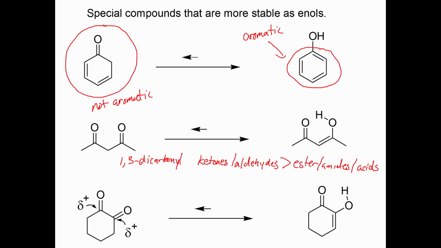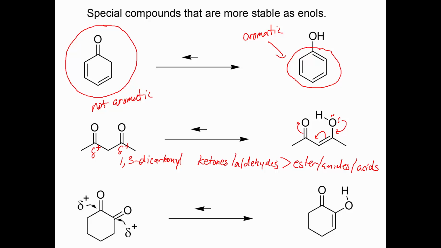All right. Why is this type of system more subject, or why is the enol more stable in a 1,3-dicarbonyl compound? Okay. First, we have partial positives kind of close to each other. This destabilizes this a little bit, but more importantly, we have this important stabilization in the product here. Okay, so when you look at it this way, this oxygen lone pair is engaged in a rather heavy-duty resonance interaction with the carbonyl group.